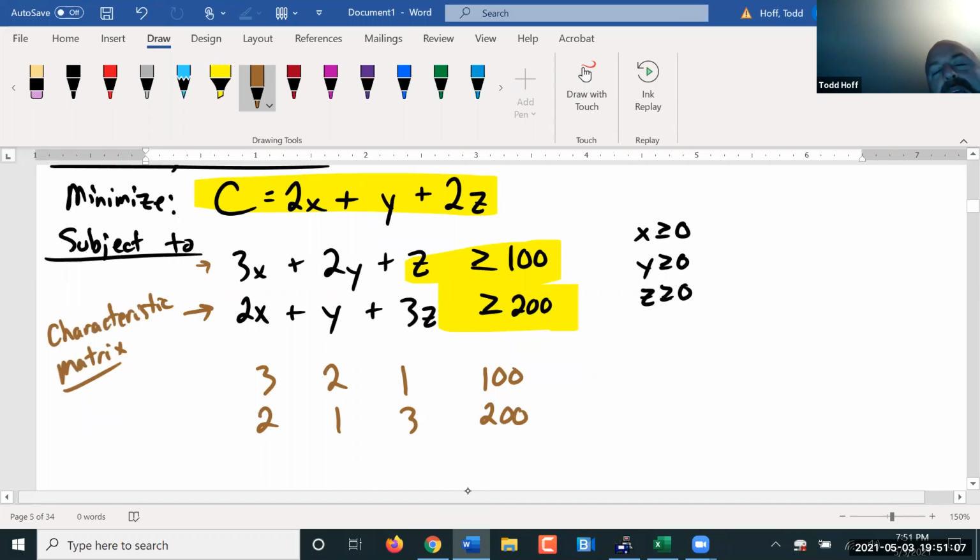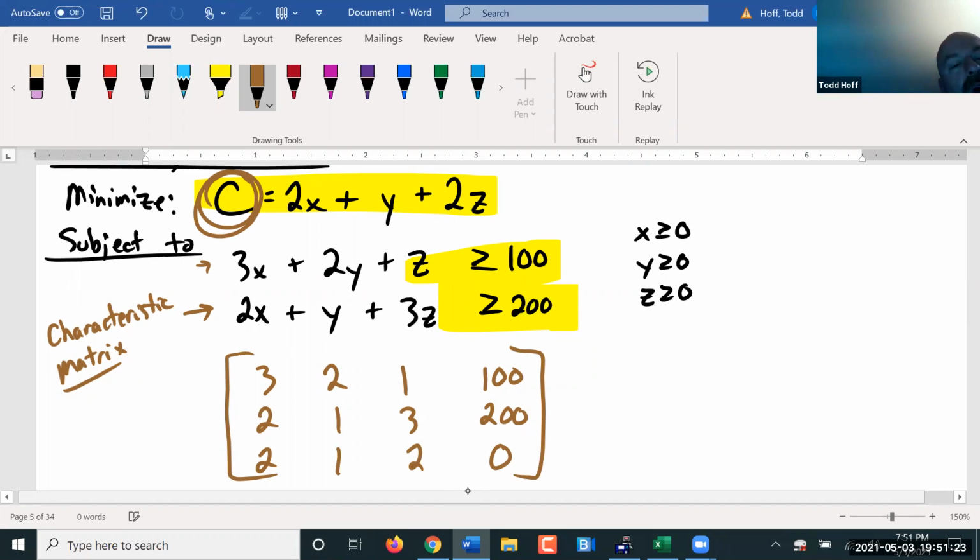And then I put in my objective function with this replaced with a value of 0. So 2x, 1y, 2z, so 2, 1, 2, and I put 0 in there. This is my characteristic matrix for this LP problem, for this minimization problem.